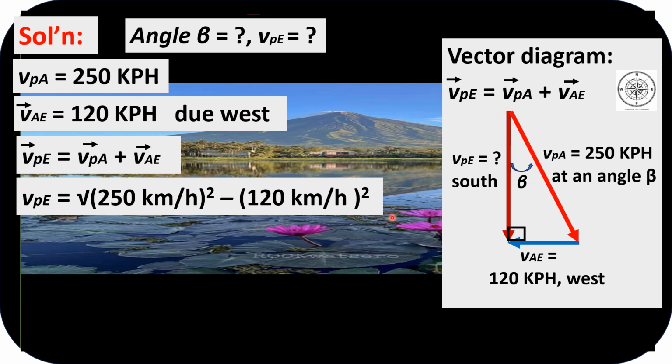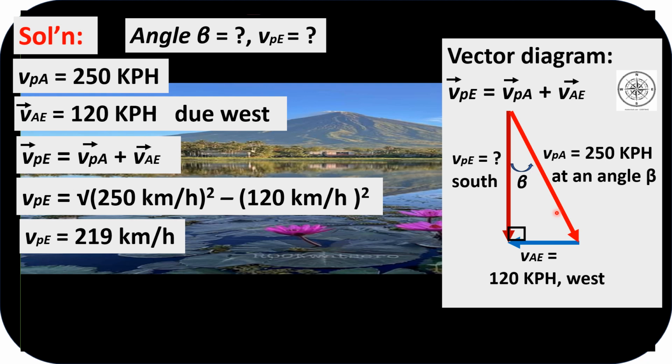So using our math again, we will get the magnitude of v sub PE, or the speed of the airplane relative to the Earth. We call this the ground speed, and that is equal to 219 kilometers per hour. The other unknown variable, of course, is the angle beta.